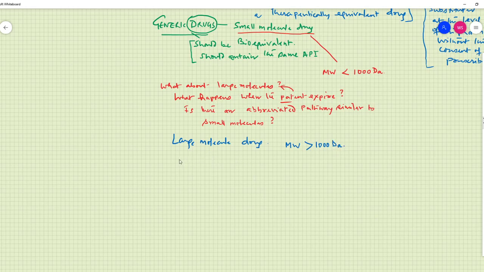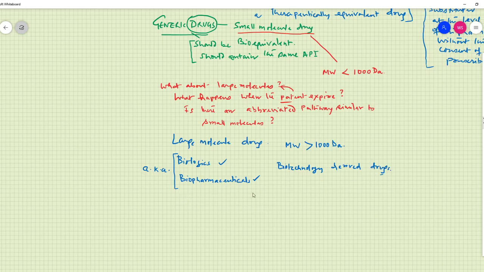Okay, they are also known as biologics and or biopharmaceuticals. Okay, they are also called biotechnology derived drugs.